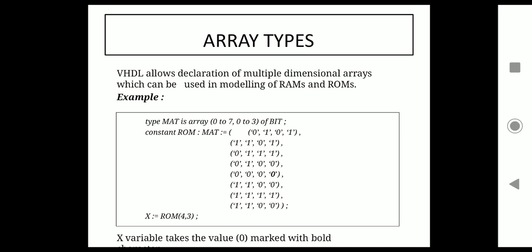So in VHDL programming, defining even an array of n numbers is very easy, unlike in C. For C, to define a particular array you have to write a very big code. Unlike that, in VHDL you can simply use a direct syntax and you will get the array.